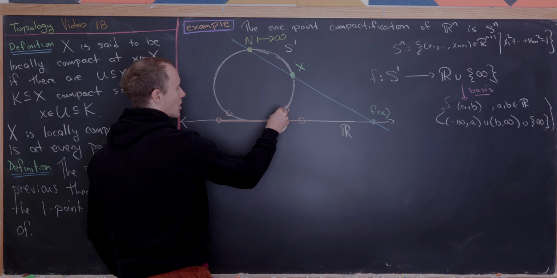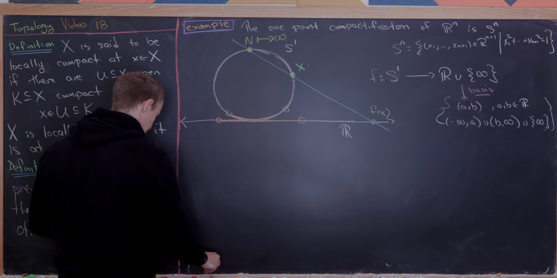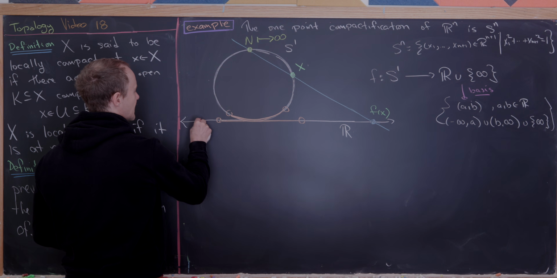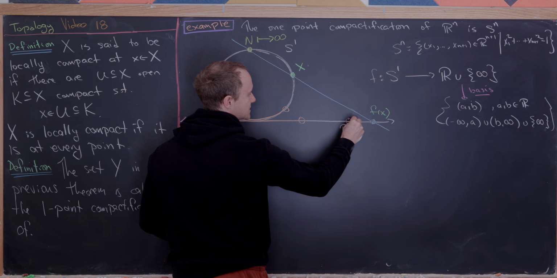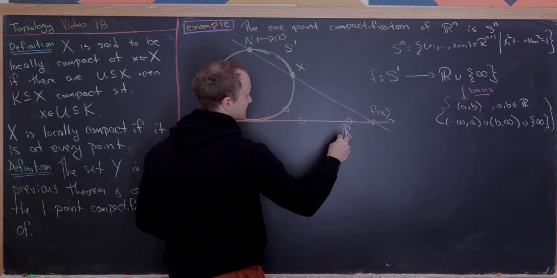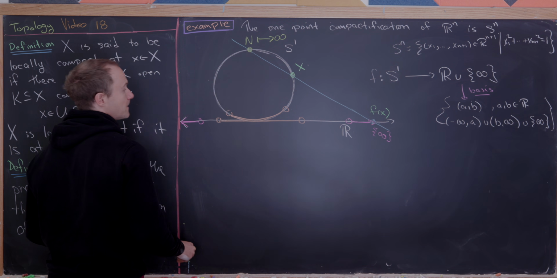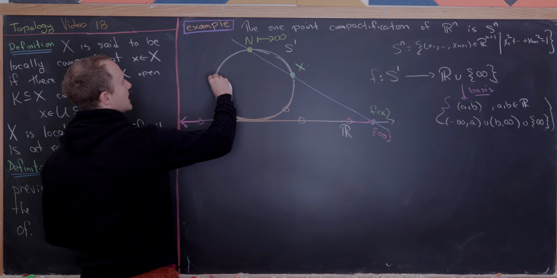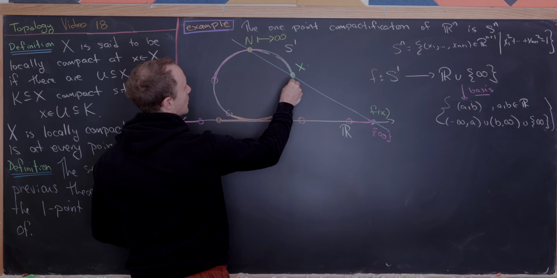It's this arc on the circle. And if we instead had an open set that looked like this, so perhaps it went out in both directions like this and also included infinity, then we would have something like this that goes through the north pole.